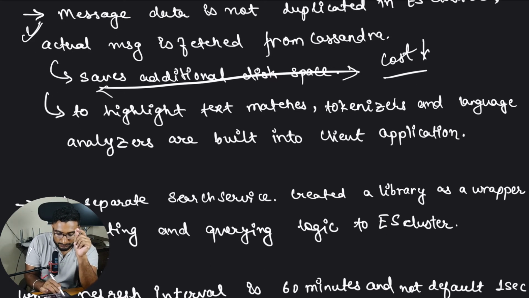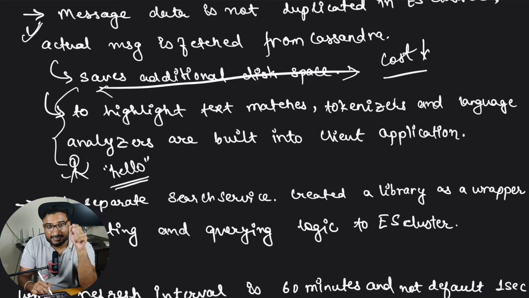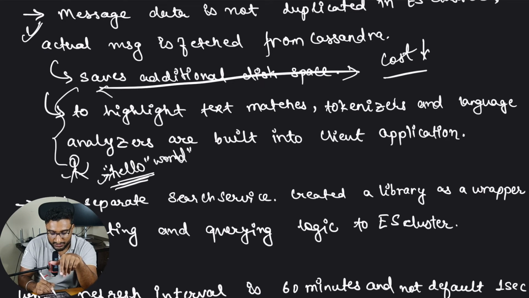One problem with that was, let's say a user searches with the message hello. If the message is present in Elasticsearch, you can search with this message and highlight this particular keyword. Let's say the actual message was hello world, and the user searched with just hello. You can highlight this with the help of Elasticsearch support only.